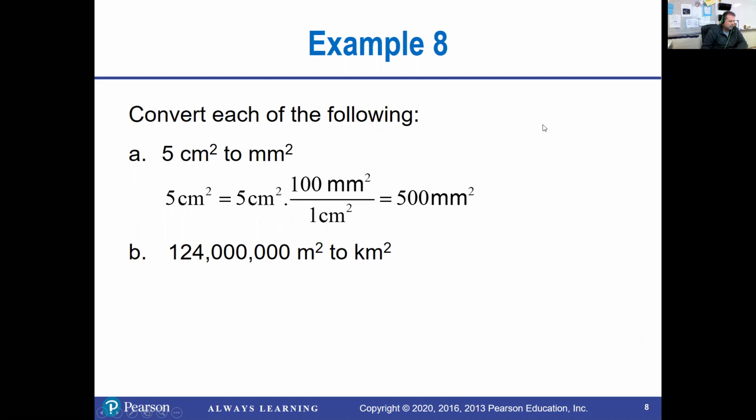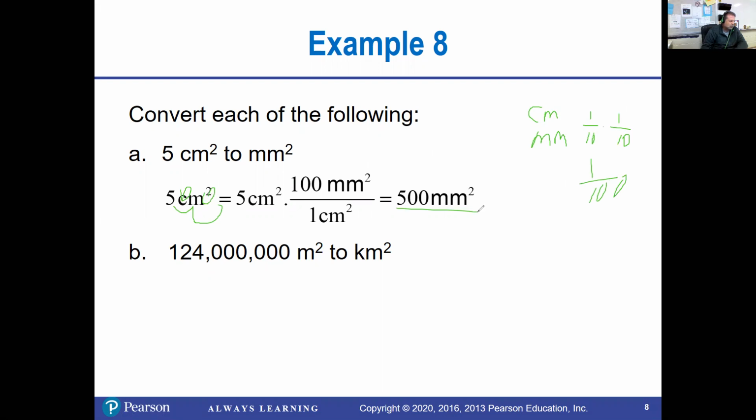From centimeter down to millimeter, there is 1/10 of a difference. So if I take 1/10 twice, that's going to be 1/100 of a difference, which is going to move my decimal over 1, 2 places and get you your 500 millimeters squared.